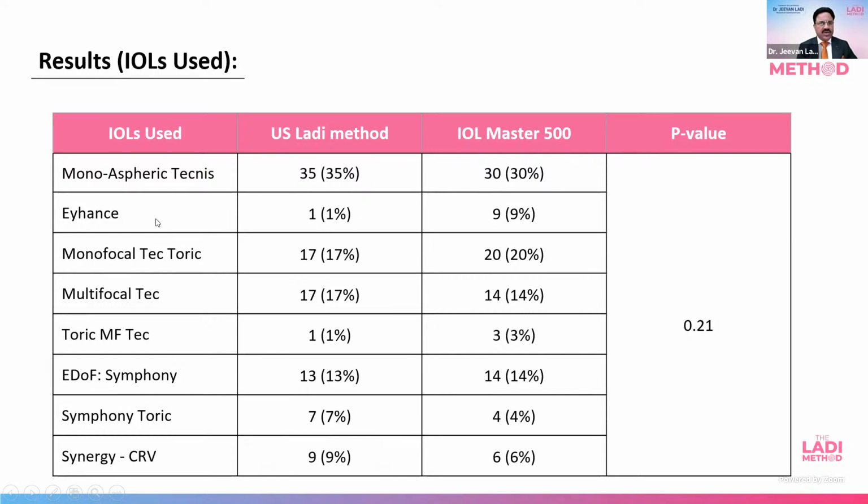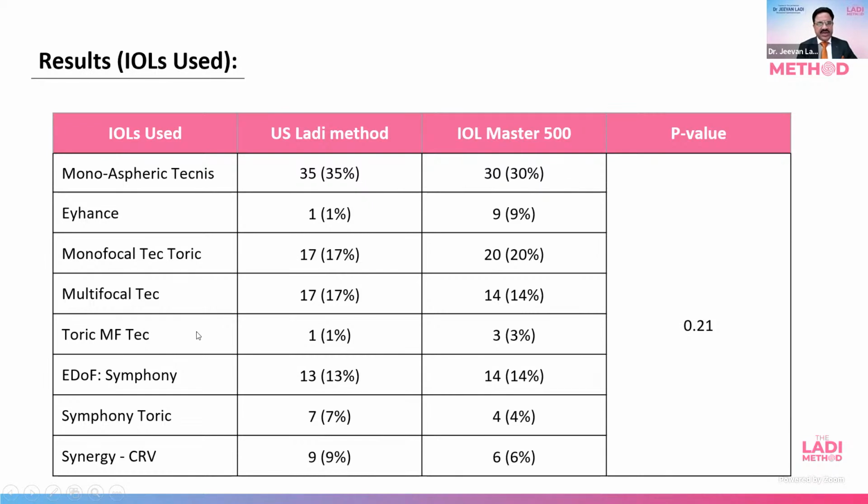Enhanced lens, also called distance dominating with a little bit of intermediate vision, was 1% in the first group and 9% in the second group. Monofocal Tecnis toric IOL was used in 17% in the first group and 20% in the second group. Multifocal Tecnis IOL 17% in first and 14% in the second group.